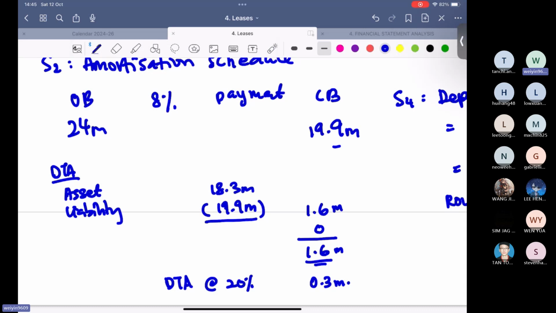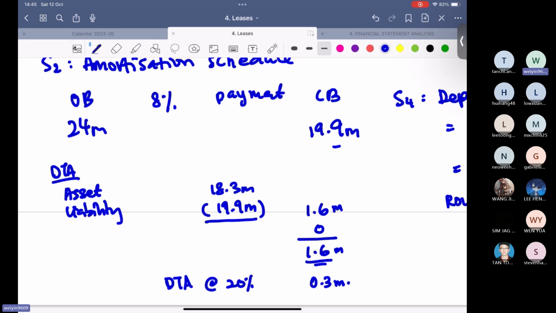So therefore, depreciation charge of 6.1 million shall be recognized in P&L. This derived the carrying amount of ROU at 31st December X1 amounted 18.3 million.